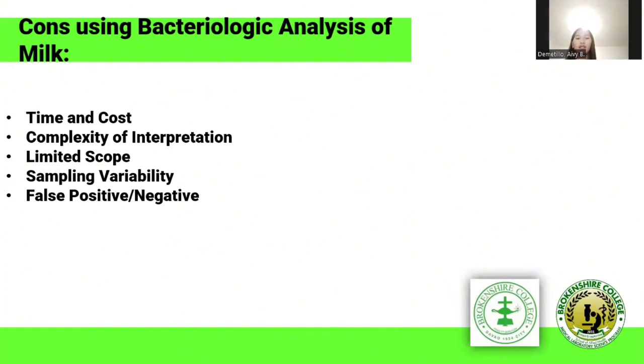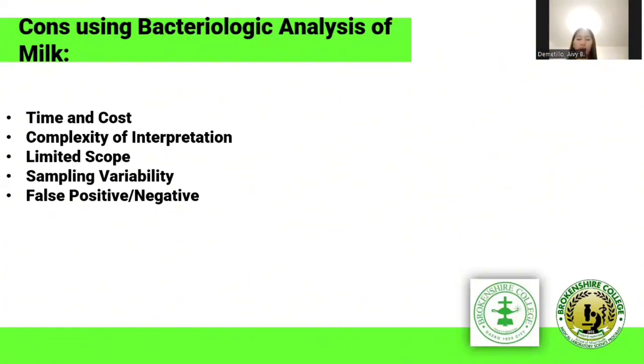Second is complexity of interpretation. Interpreting bacteriologic analysis results requires expertise in microbiology, as the presence of certain bacteria may not always indicate contamination or spoilage, leading to potential misinterpretation of result. Third is limited scope.